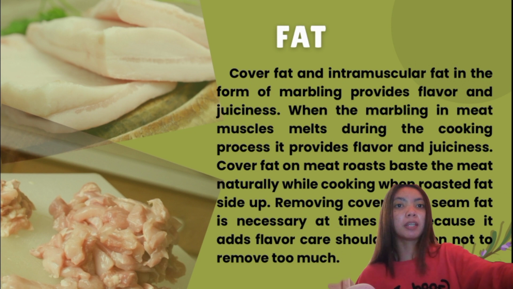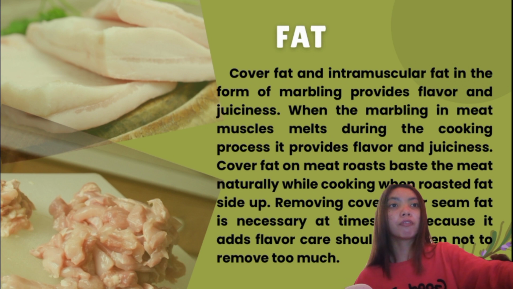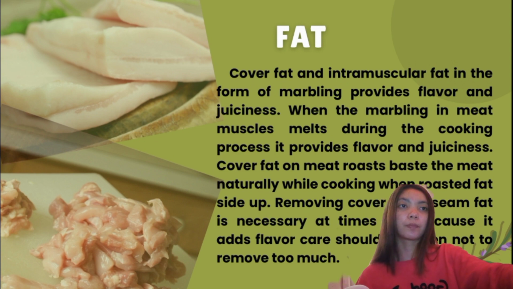When the marbling in meat muscle melts during the cooking process, it provides flavor and juiciness. Cover fat on meat roasts the meat naturally while cooking when roasted fat side up. Removing cover fat or stem fat is necessary at times, but because it adds flavor, care should be taken not to remove too much.